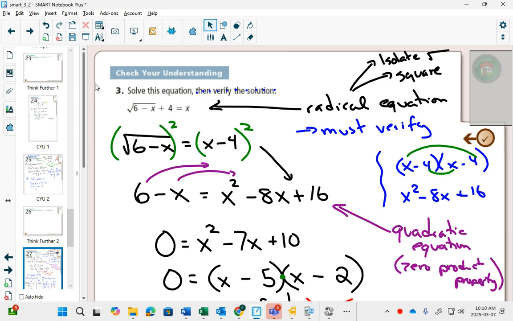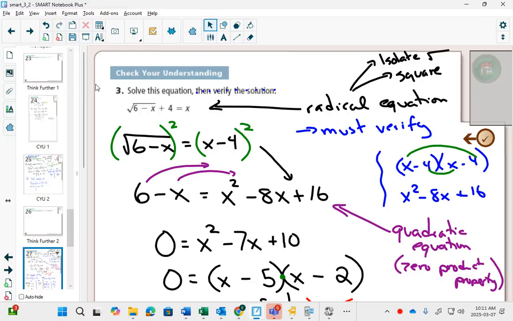Lots of stuff happening in one question, right? Whenever we learn something new, we need to remember all of the things about it. So a radical equation: we've previously learned you can get rid of a radical by squaring both sides. You need to isolate that radical first in order for that to happen. And then we ended up with a quadratic equation, so it triggered the new stuff that we're learning.